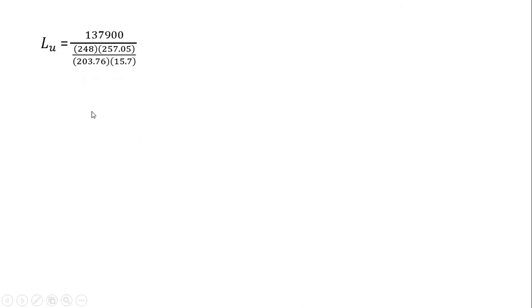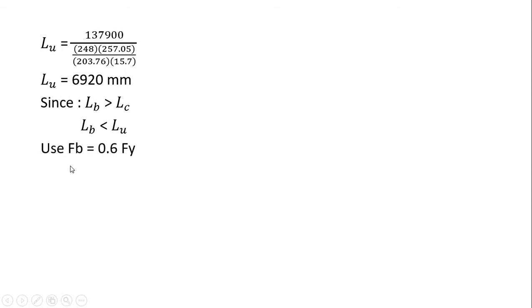So our Lu is equal to 6,920 millimeters. Since our Lb is greater than Lc but Lb is less than Lu, the formula for the compressive bending stress is 0.6 times Fy. Our Fy is equal to 248, so Fb is equal to 148.8 MPa.